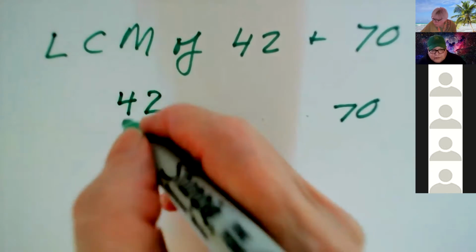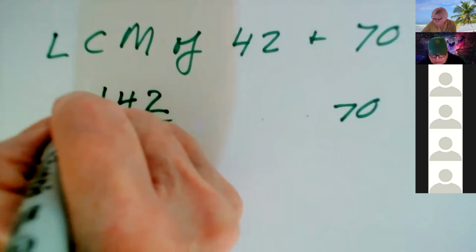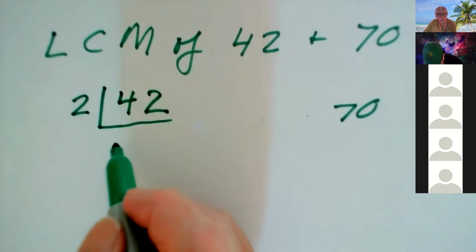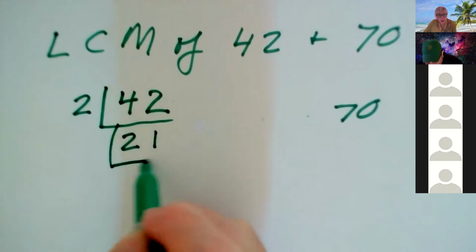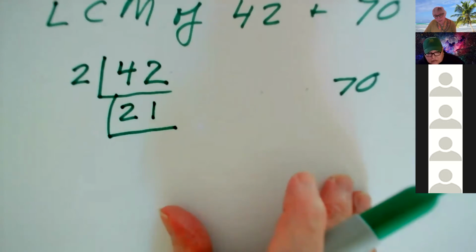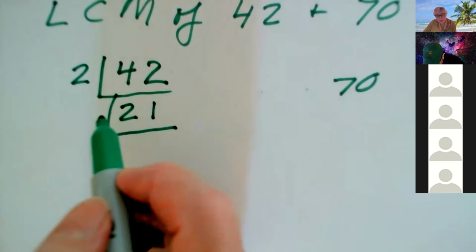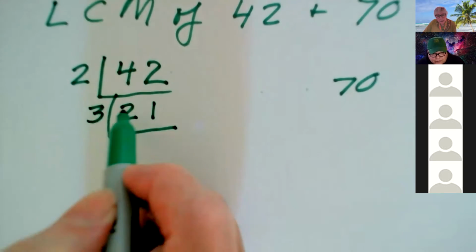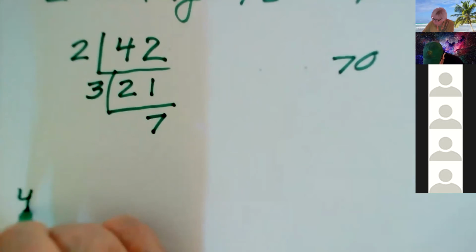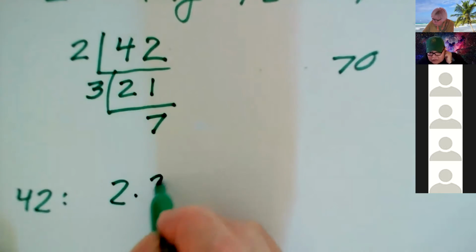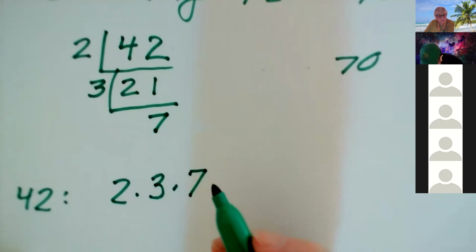So 42 is even, so I'm going to divide by 2. 2 into 4 is 2. 2 into 2 is 1. 2 does not go anymore, does it? But 3 goes into 21, and so about 7. So 42 is really a 2, a 3, and a 7.